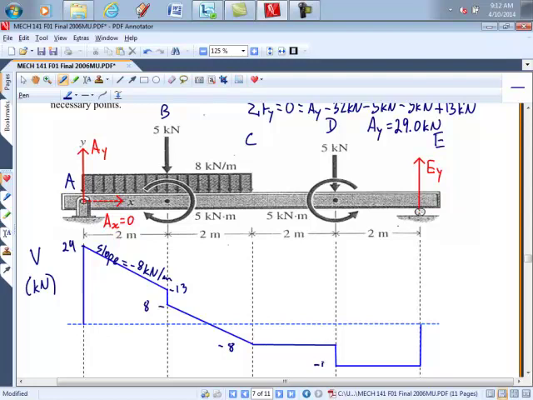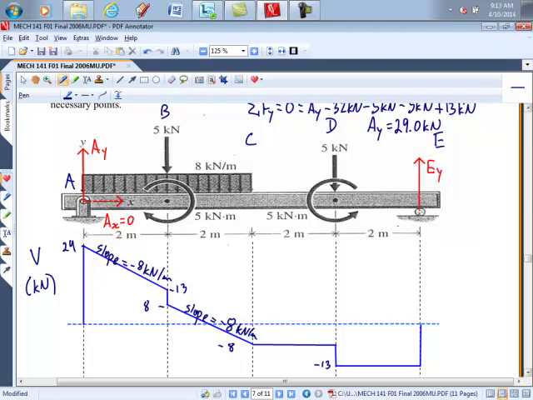This value was -13. This slope was -8. All the other slopes were 0. So that's actually really easy if you've got the loading on the top to produce the shear diagram.